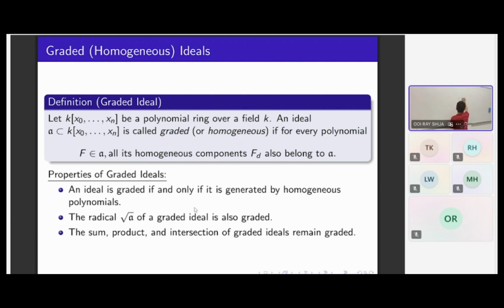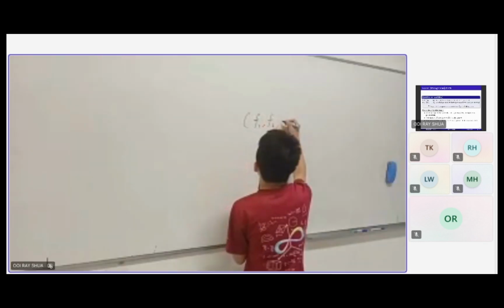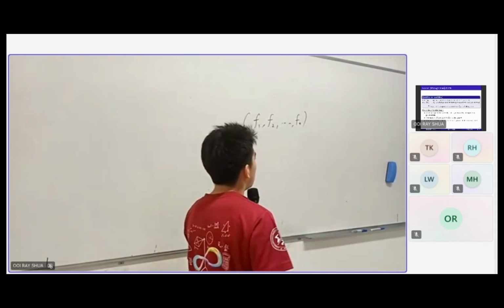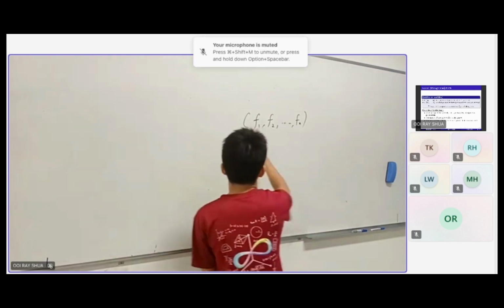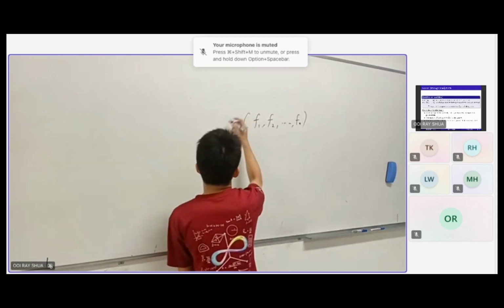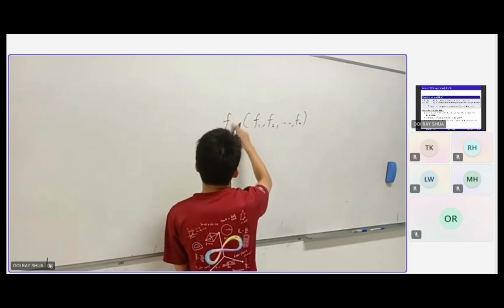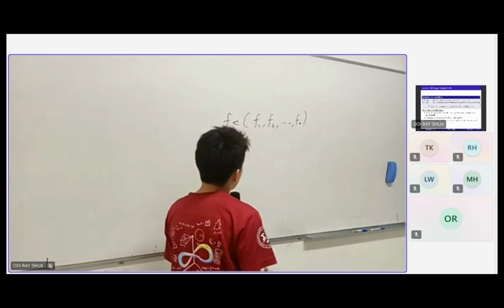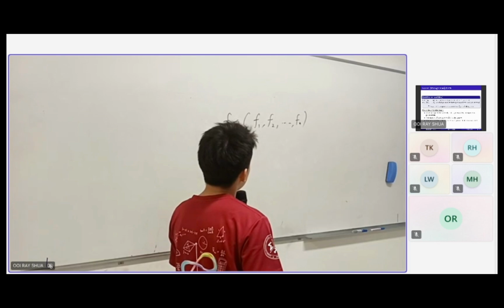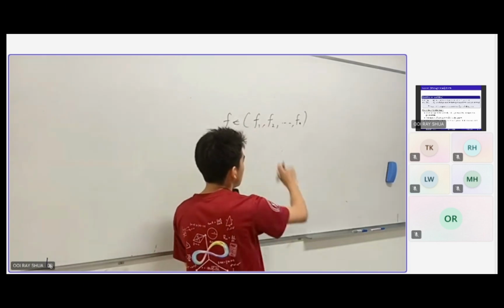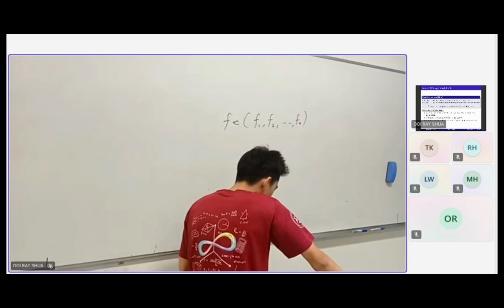Maybe f1, f2 are all homogeneous. Suppose a random polynomial is inside this ideal. It will be a combination of these f_n's multiplied by elements of the original polynomial ring.